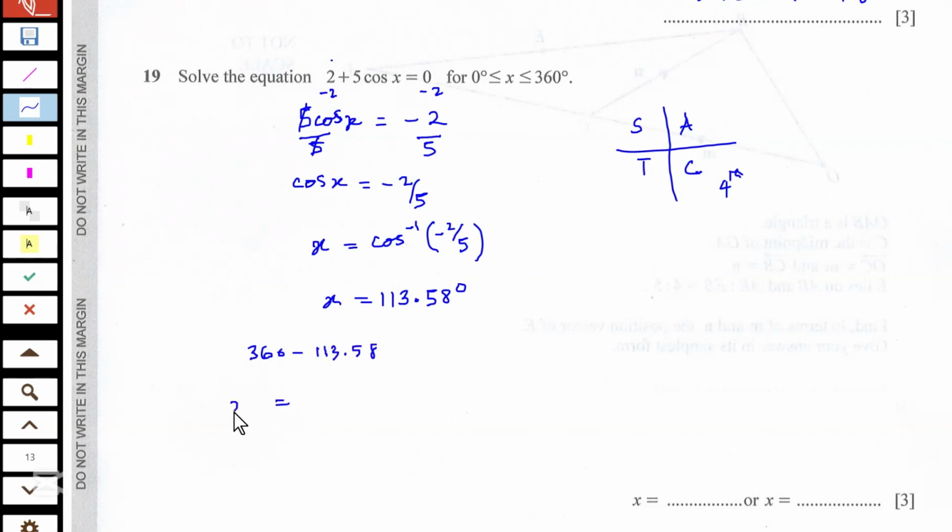And that gives us the second value of x as 246.42 degrees. So the answers for x: the first answer is 113.58 degrees, and the second value of x is 246.42 degrees.